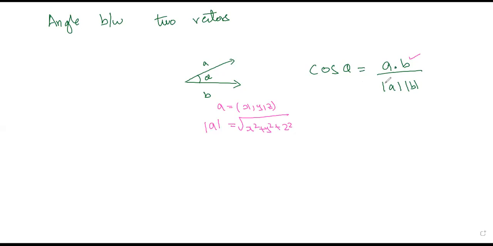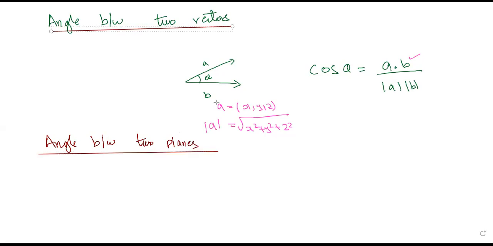Let's talk about the angle between two planes. So you need to understand this concept first. If I talk about the angle between two planes, you should know this thing, that just imagine that you have two planes and they have a common vertex and you are interested in finding out the angle.